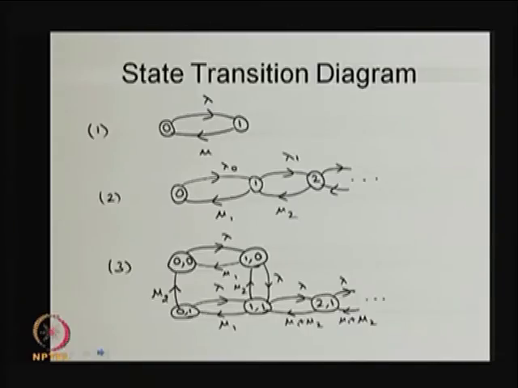So the state space S is {0, 1}, and the time spent in the state 0 before moving into the state 1 is exponentially distributed with the parameter lambda. Once the system comes to the state 1, the time spent in the state 1 before moving into the state 0 is exponentially distributed with the parameter mu.